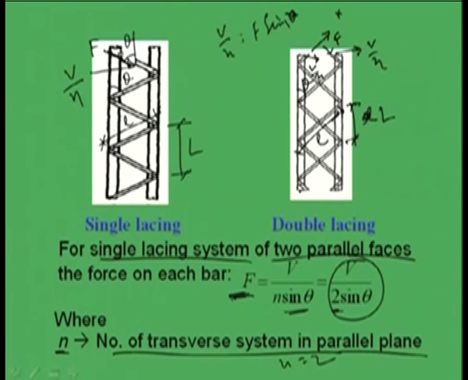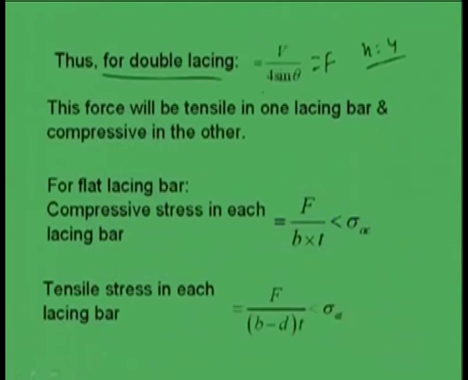Okay. So, if we see V by N plus here also V by N, from this we can find out F is equal to V by 4 sin theta.